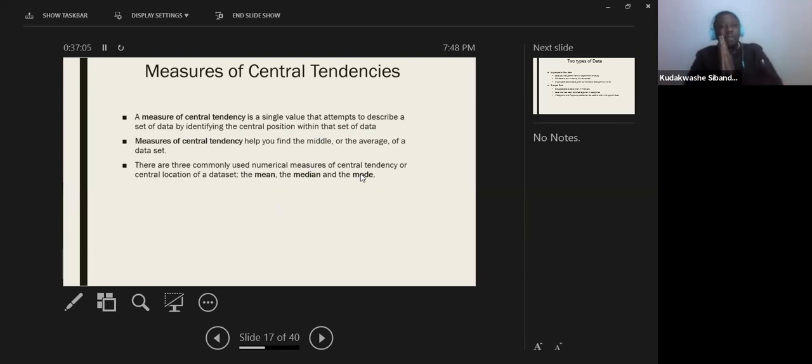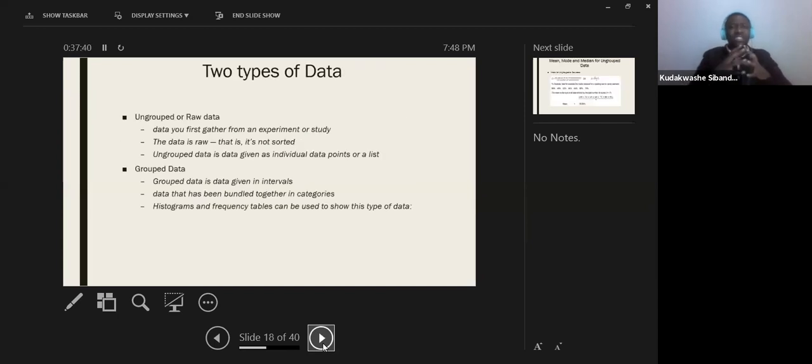Mean, median, and mode are considered measures of central tendency because in each instance you are calculating a single value, either an average of the whole data, or the middle position of your data. So basically, that's what measures of central tendency are.